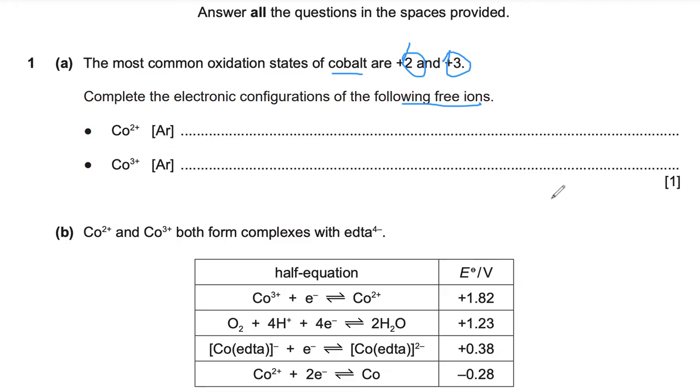do you know how we write the configurations? So it's 1s2, then it comes with 2s2, 2p6, and then 3s2, 3p6, 3d10.